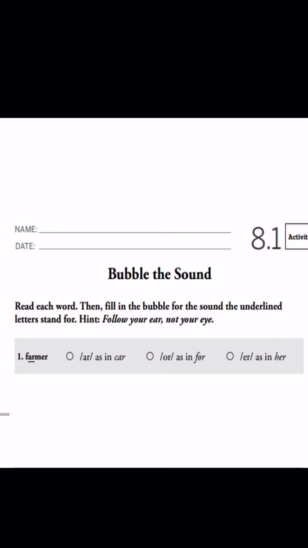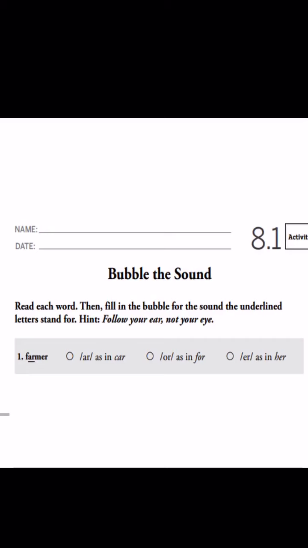Okay, let's look at number 1. We have farmer. What sound, it looks like AR is underlined. What sound is that AR making in farmer? Is it making R as in car, or as in for, or as in her?